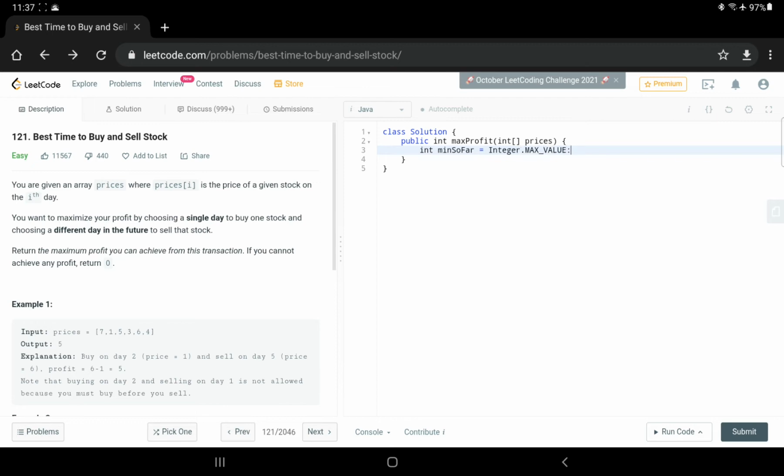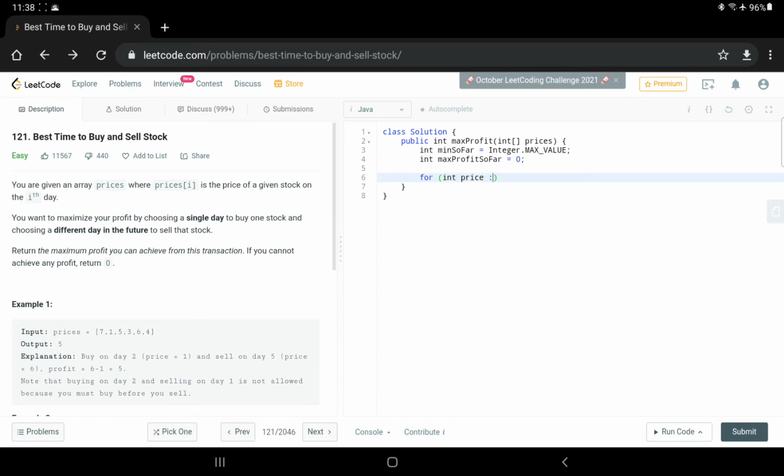Integer.MAX_VALUE. The second item that we track is the max profit so far, the so far pattern, 0. So you see, we initialize the variables to the opposite extreme, so that whenever we update them to the correct value, instead of comparing. So now we have a single iteration of the loop.